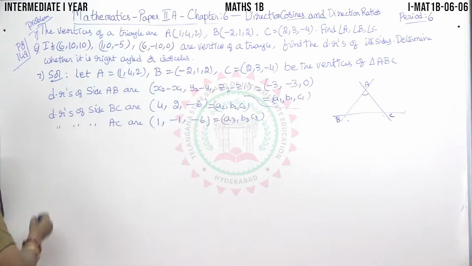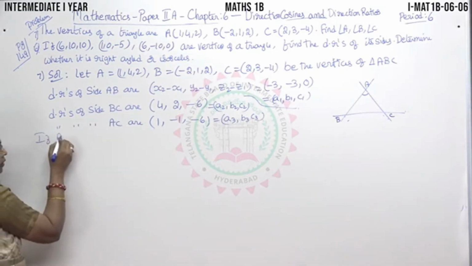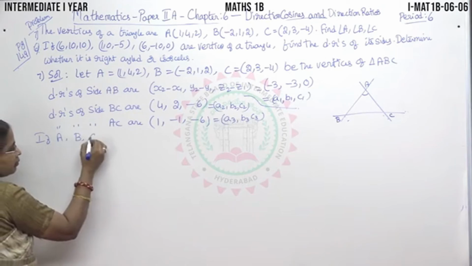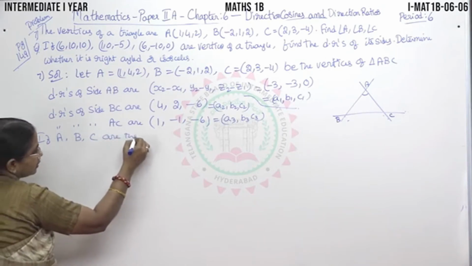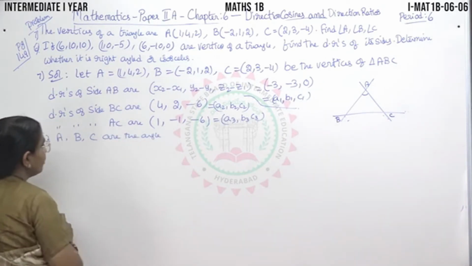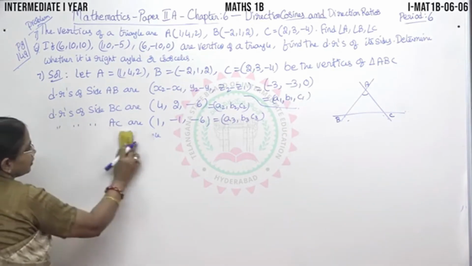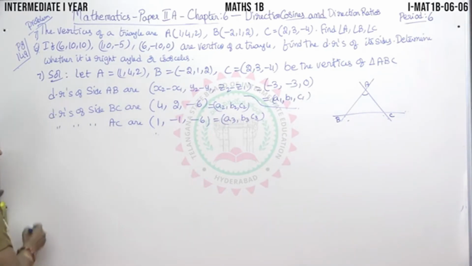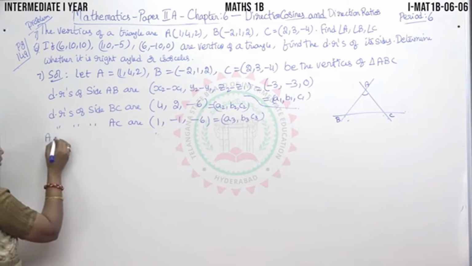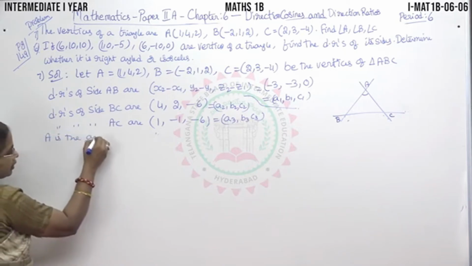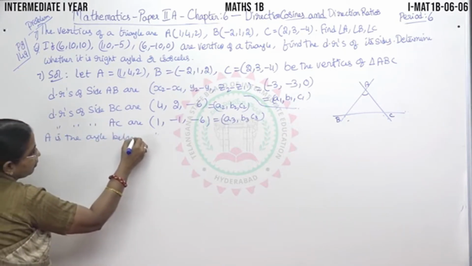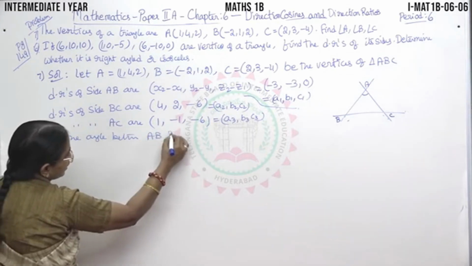Now if capital A, B, C are the angles of the triangle, first we'll write A is the angle between AB and AC.